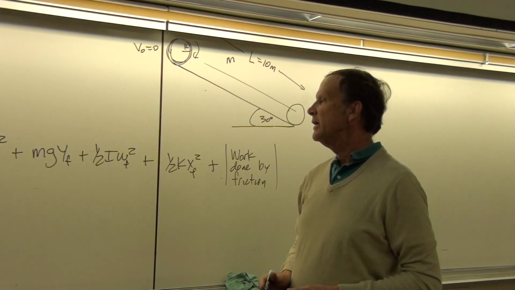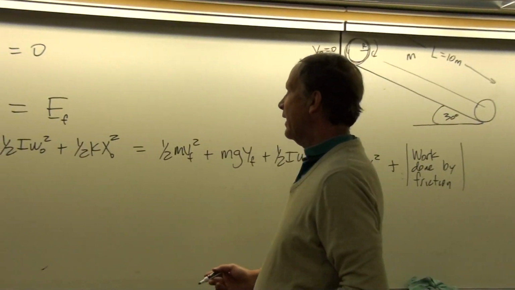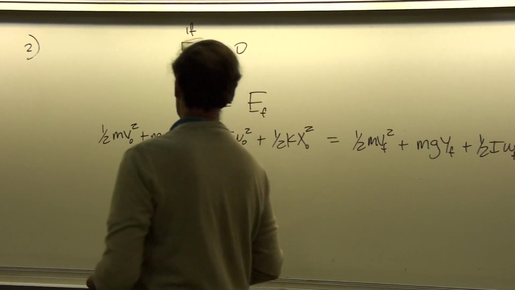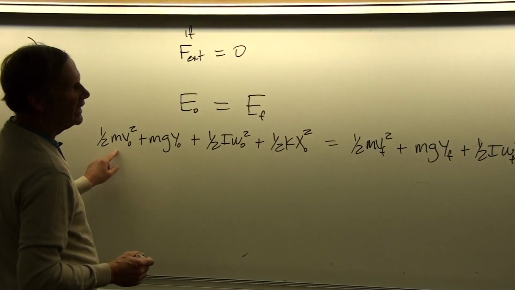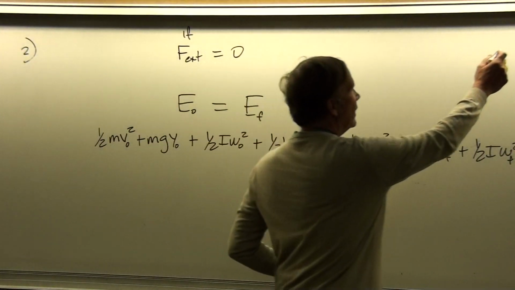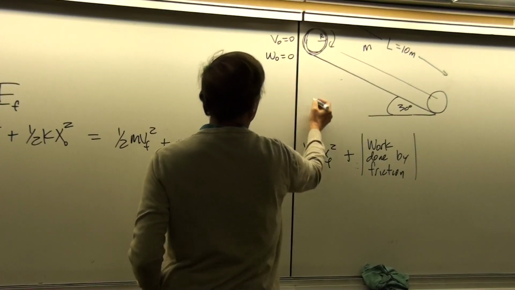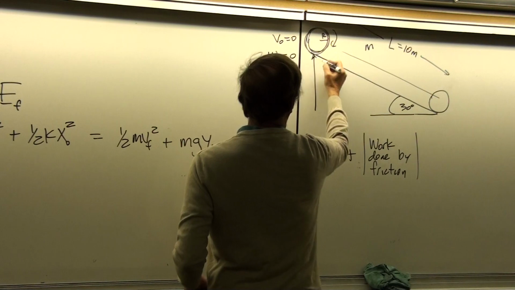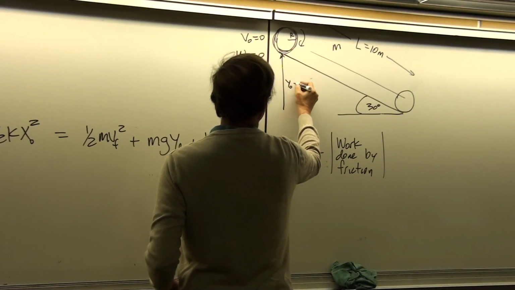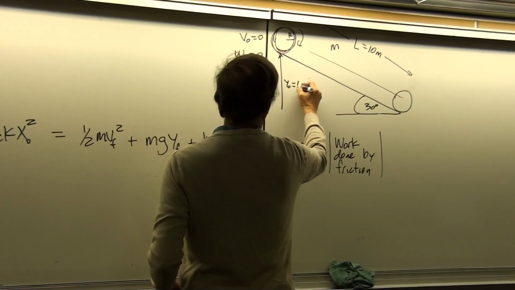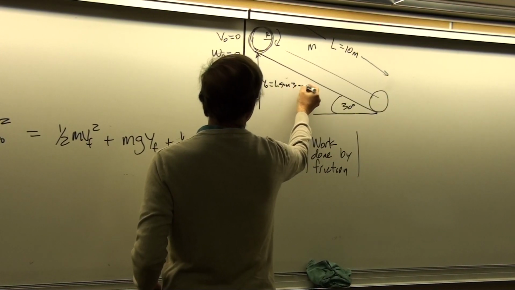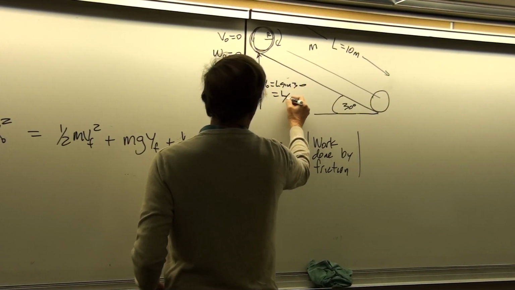All right, so we can go back to this equation, and we can simplify considerably, because in the initial state at the top, the initial velocity and the initial rotational velocity is 0, and y naught is equal to L times the sine of 30, or that's just L over 2.